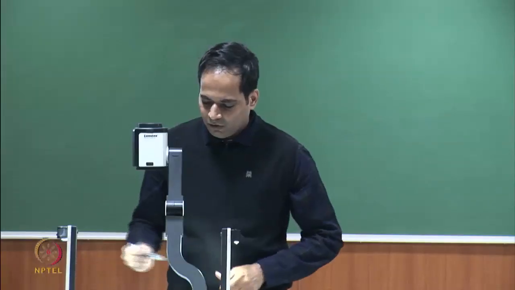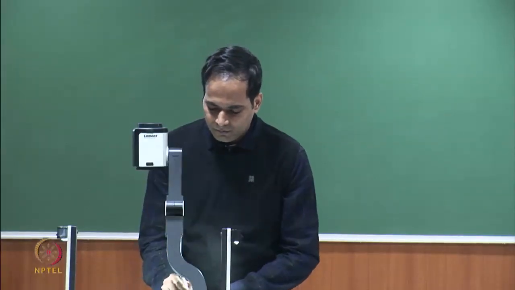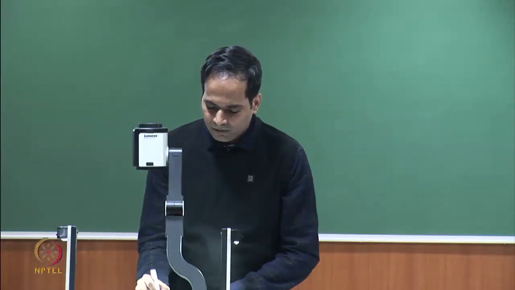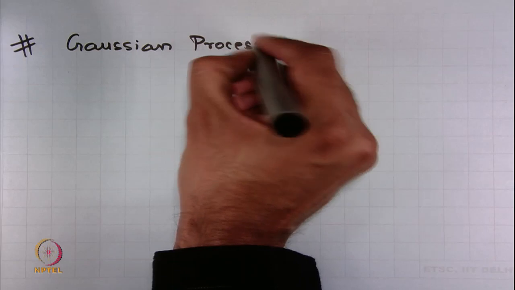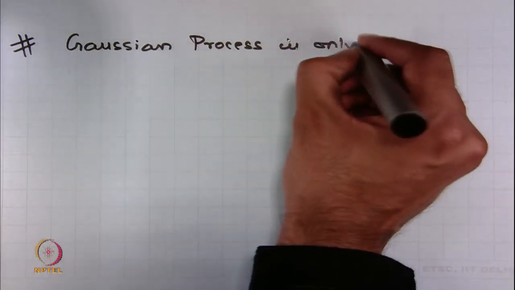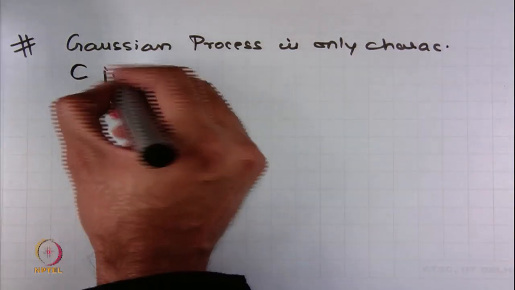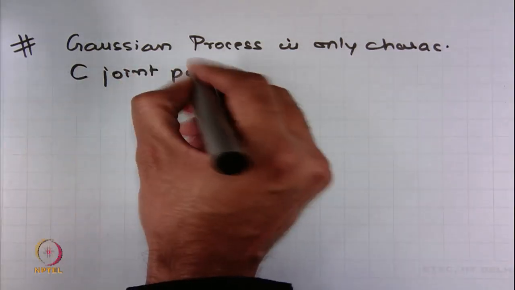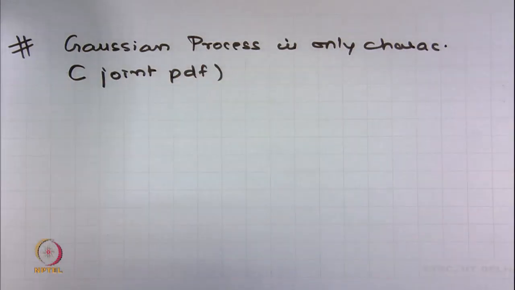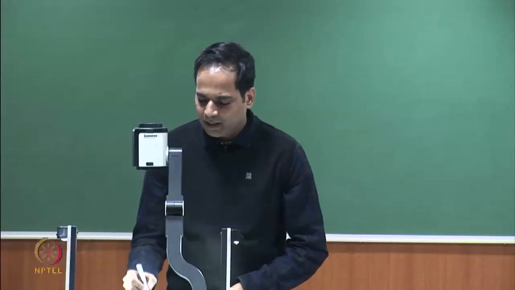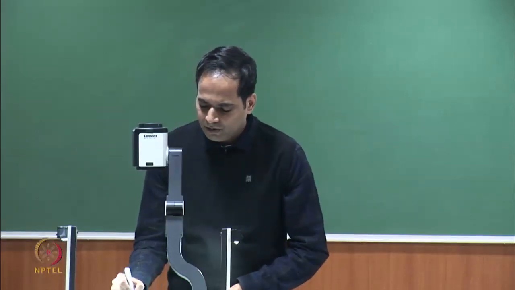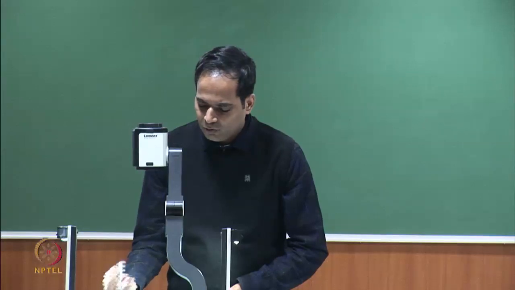The second thing is, now we know that a Gaussian process is only characterized, when we are talking about its joint PDF. We already determined the joint PDF of a Gaussian process. There we saw that this is only characterized by its mean and covariance function.